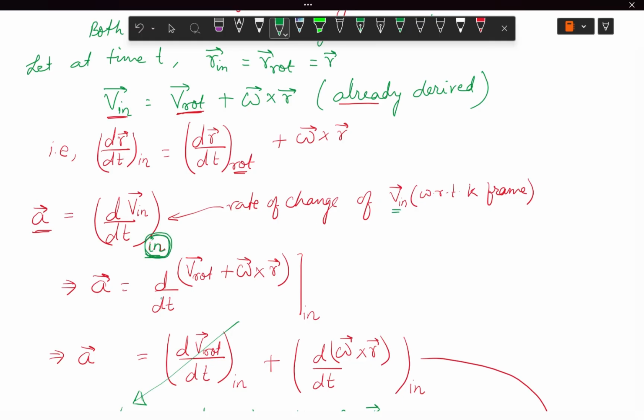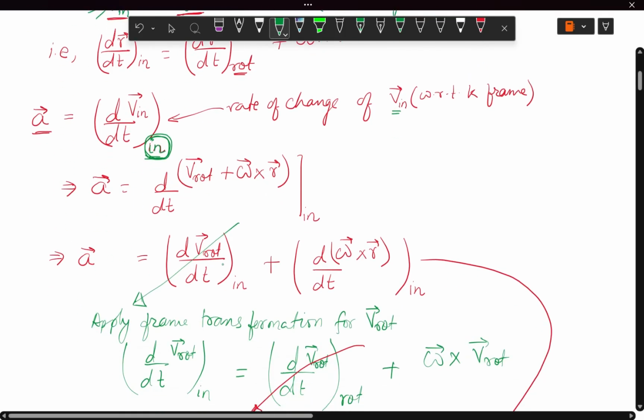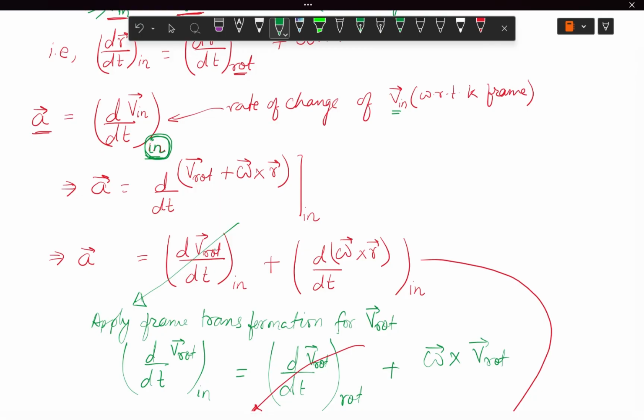We are writing the A vector is equal to d by dt of, this is the velocity transformation in the rotating frame, the equation we have already derived, V_rot with respect to the rotating observer plus omega cross R. Then the A vector is equal to, taking it separately, you'll get d by dt of V_rot with respect to the inertial frame.